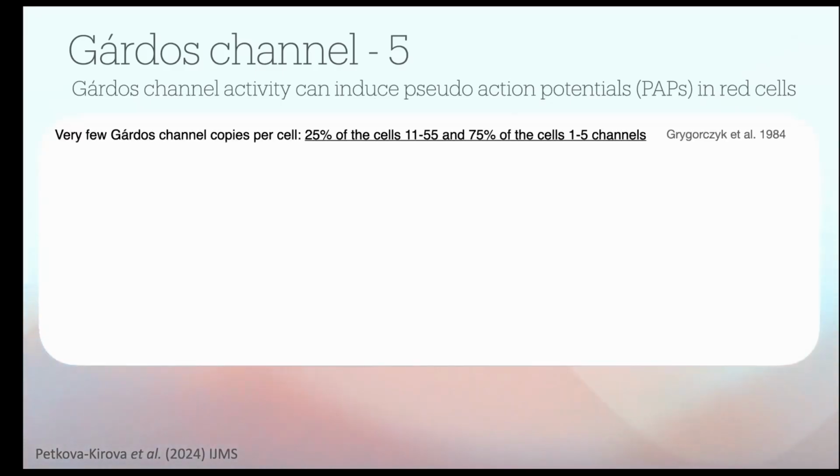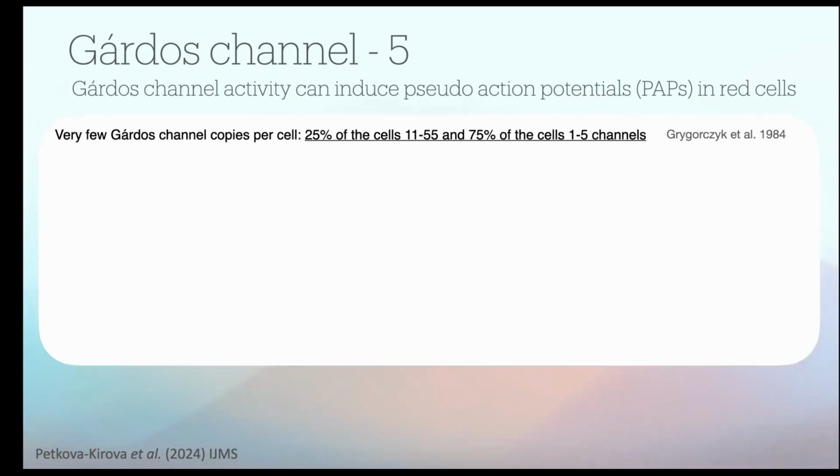So the solution to what I call the pseudo action potential comes in the next slide. And I would like to remind you once more of the low Gardos channel copy numbers per cell. Nobody knows how low it really is. I have 3 references that did an estimation of the channel numbers.